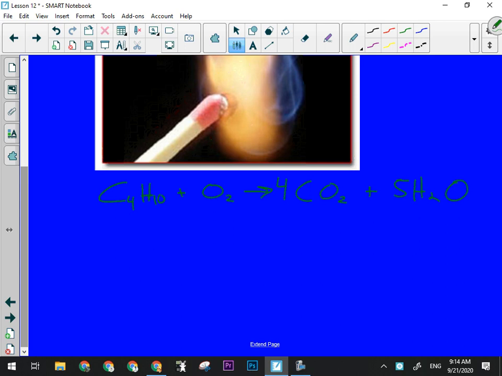So I have 5 oxygens here, plus 8 more is how many? 13. What times 2 is 13? Can I have 6.5 oxygen molecules? No, I can't. If I try hard enough, yeah, I get a really sharp knife. Okay, probably not. So here is what I have to do.